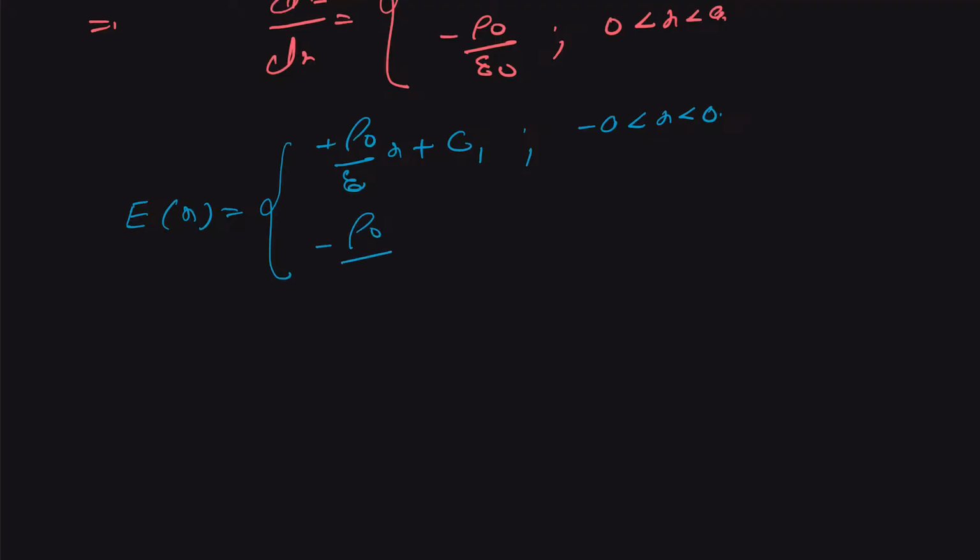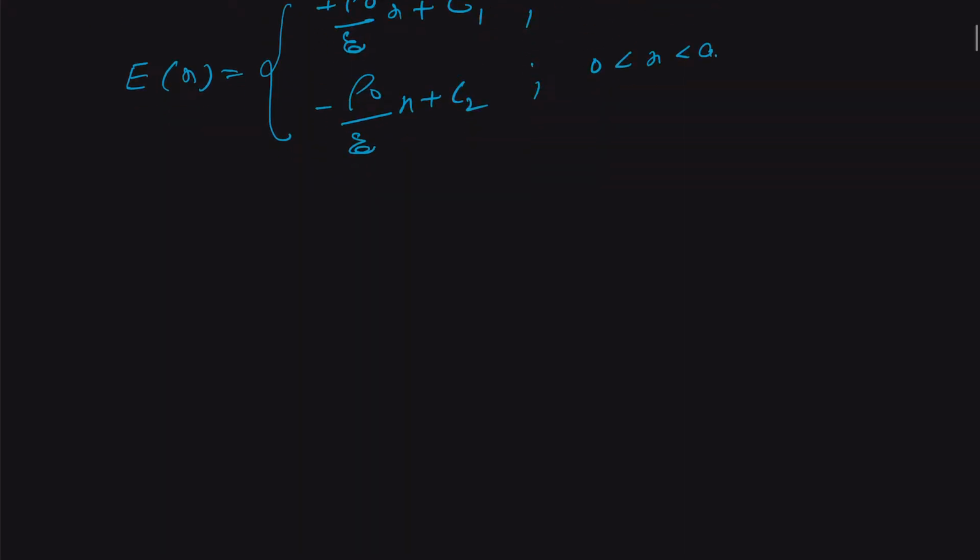Second will be minus rho naught upon epsilon naught times x plus a constant c2, lying between 0 and a. Okay. Now we are interested in finding out these c1 and c2. In order to find c1 and c2, we are going to use the continuity as well as the boundary conditions that are going to give us the values of c1 and c2.